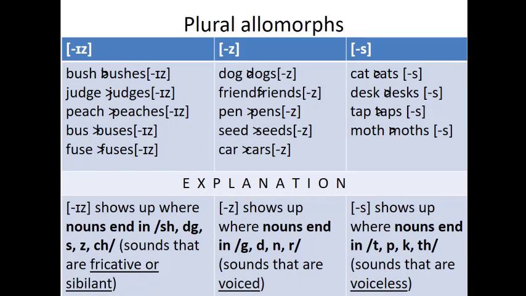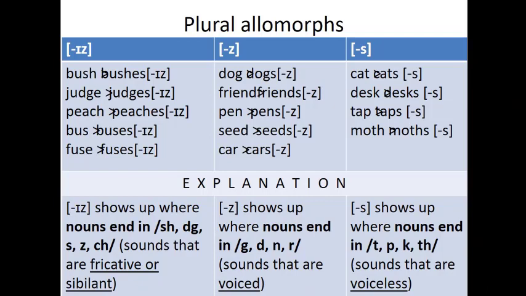So I'm saying t, t, t, and I'm not feeling any vibration of the vocal cords. I showed you the vocal cords previously, and how to feel the vibration. And p, p, p, no vibration. K, k, no. Th, th, th, no vibration.